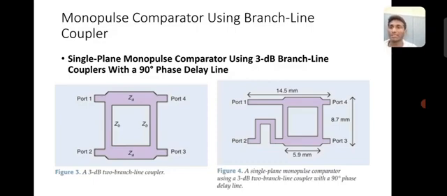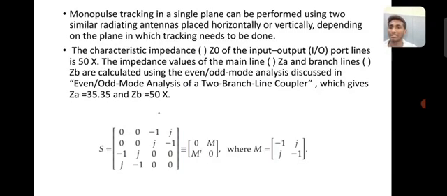So it is a single plane monopulse comparator using a 3 dB branch line coupler with a 90 degree phase delay line. Monopulse tracking in a single plane can be performed using two similar radiating antennas placed horizontally or vertically, depending on the plane in which tracking needs to be done.